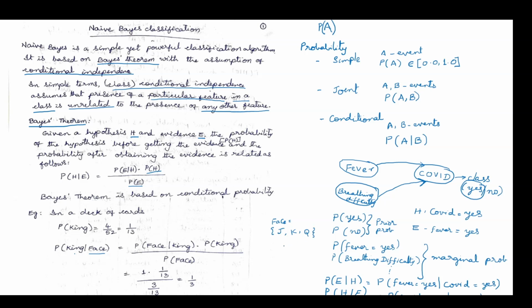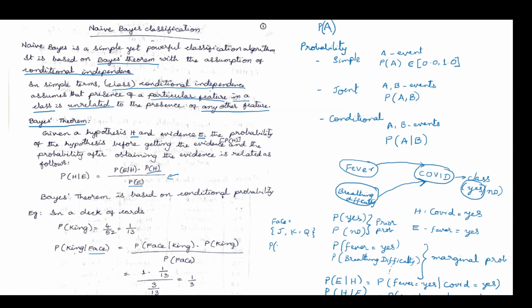3 of them. Okay, so representing P of king given face in the Bayes' theorem equation, you get P of king given face is probability of face given king multiplied by probability of king divided by probability of face.